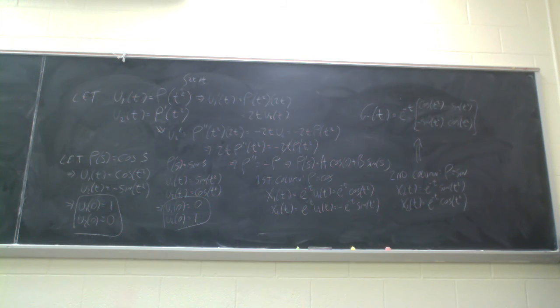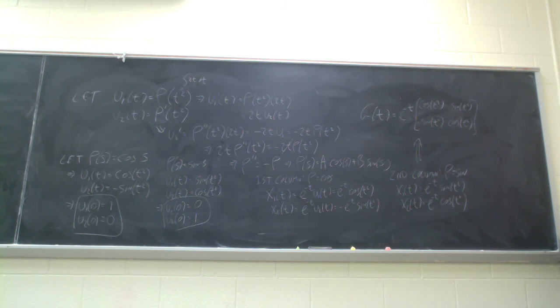Let's see if I can do this in 8 minutes. All right. So I'm going to let G of t, I can describe G of t in terms of its rows, R1, R2, and so forth.